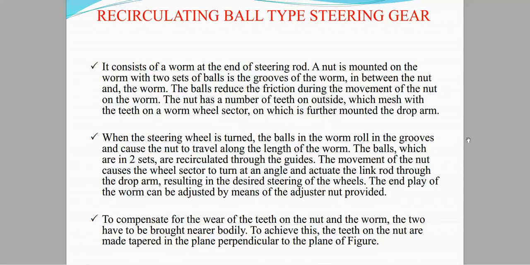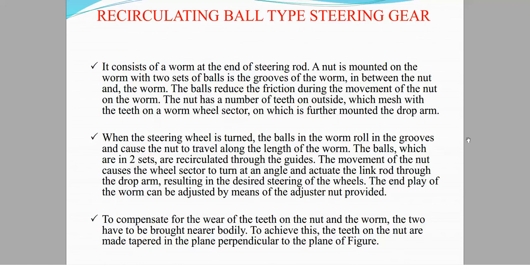The movement of the nut causes the wheel sector to turn at an angle and actuate the link rod to the drop arm, resulting in the desired steering of the wheel. The end play of the worm can be adjusted by means of the adjuster nut provided.